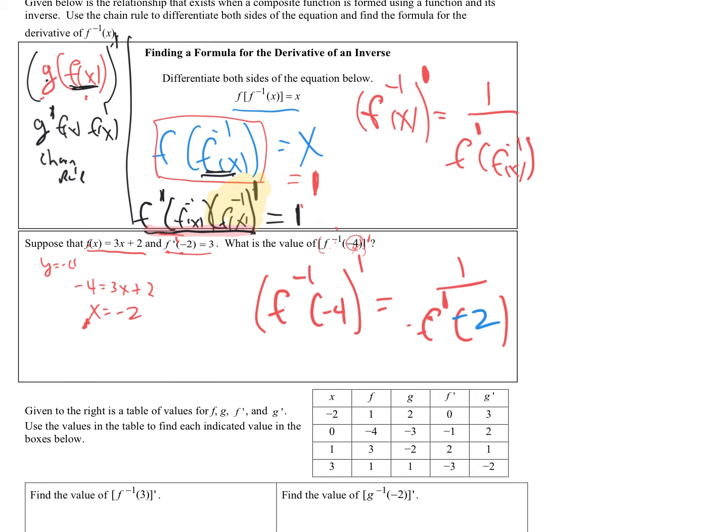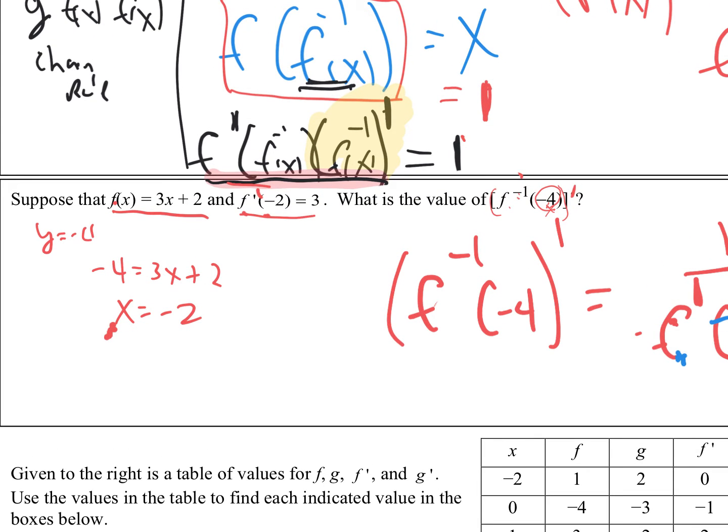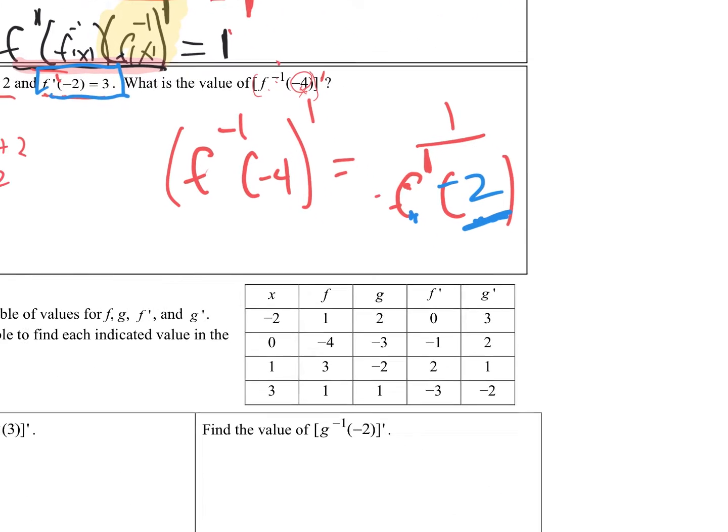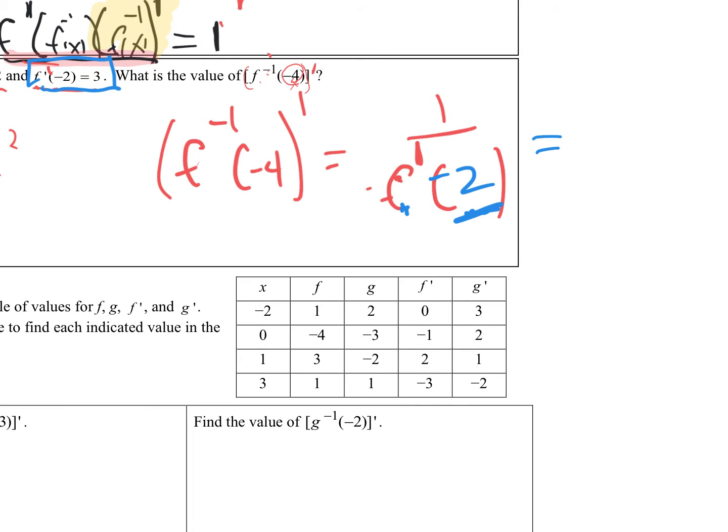It's the x value that your inverse was pointing to. I need the derivative of the normal function f at that x value. And since he was so nice enough to tell you that f prime of -2 is 3, we know the final answer is 1 over 3.